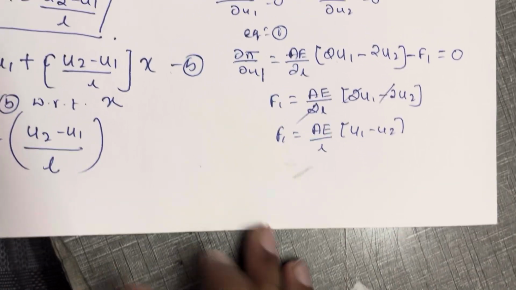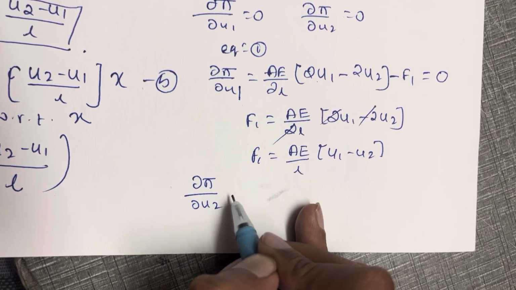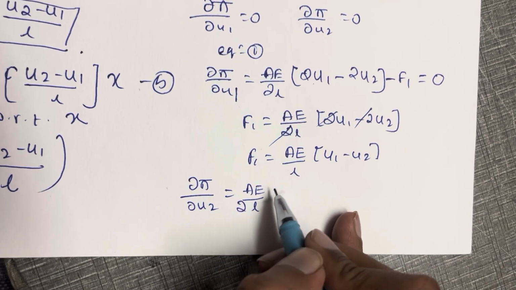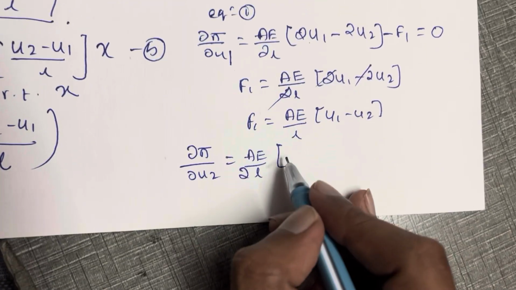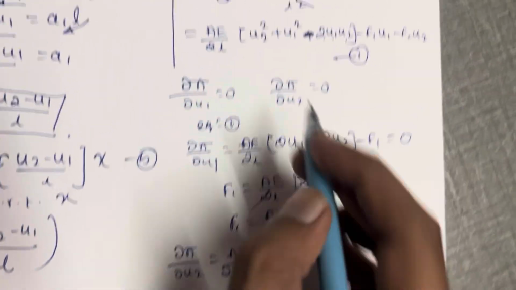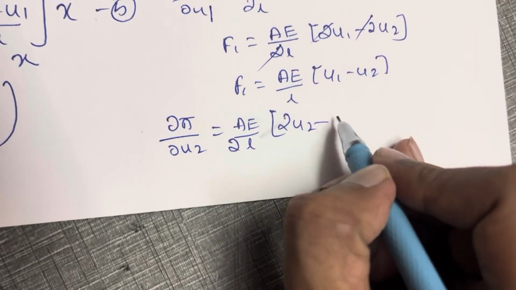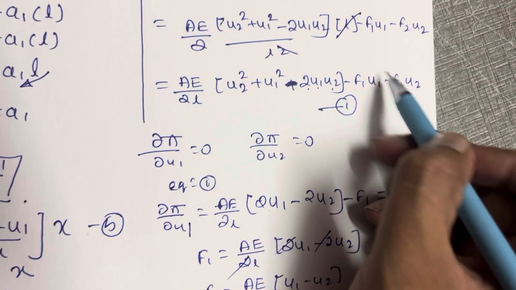Similarly, ∂Π by ∂u2: AE by 2L, this is constant. See here we have u2, so it will be 2 u2, and here we don't have a u2 term, this will be 0, and this will be minus 2 u1, minus here we don't have that term, so this will be 0, and here we'll get minus f2.